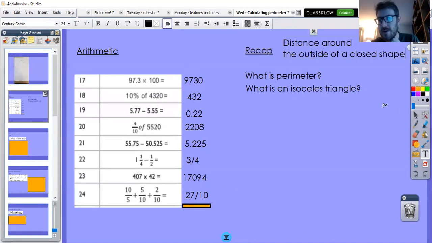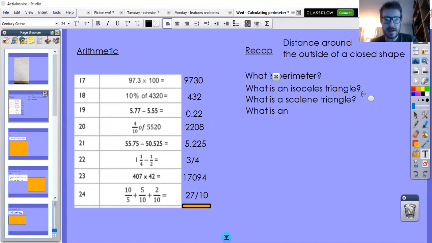And then what I want you to do is write down what is an isosceles triangle, what is a scalene triangle, and what is an equilateral triangle. So see if you can remember what those three different types of triangle are and write down a definition for each of those.